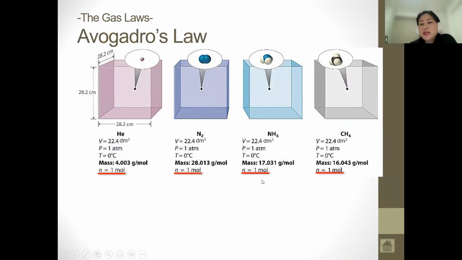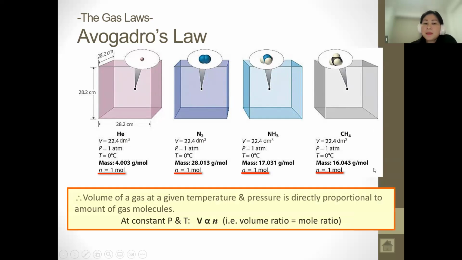Okay, so you can see over here, since the volumes are all 24 or 22.4 dm cube, although the identity of the gas has changed, they still have the same molar volume per mole of gas, because it's only dependent on temperature, and 0 degrees over here is referring to 273 Kelvin. So the volume of the gas at a given temperature and pressure is directly proportional to the number of moles.